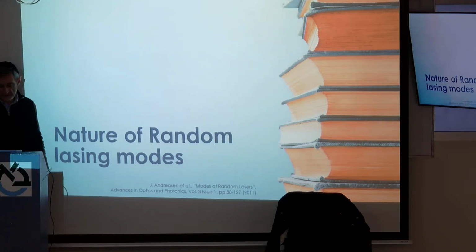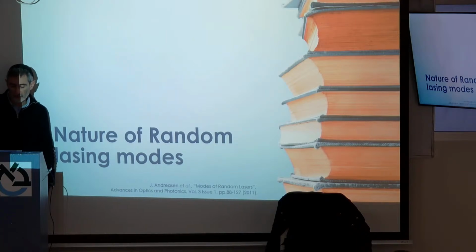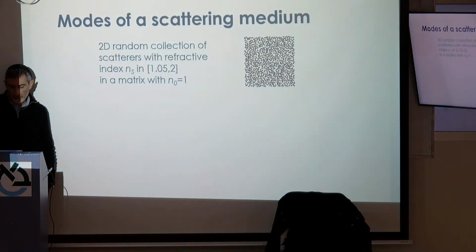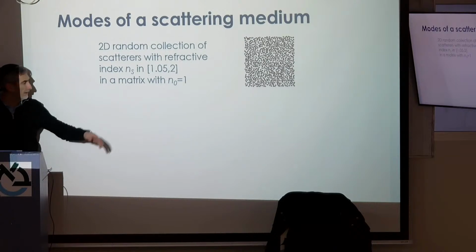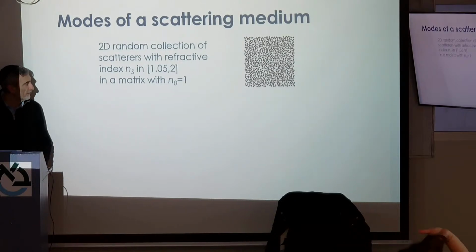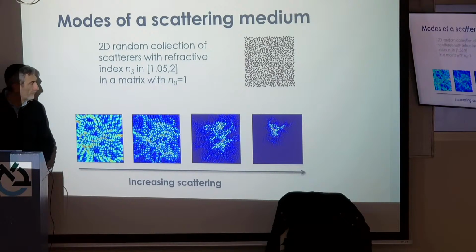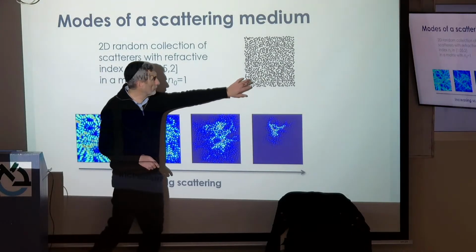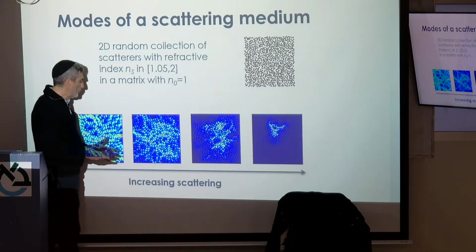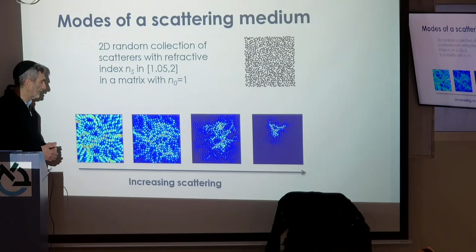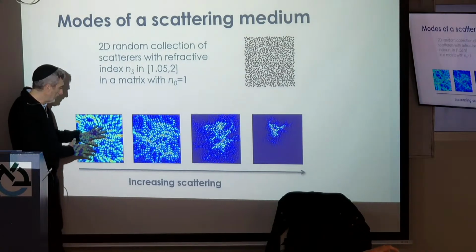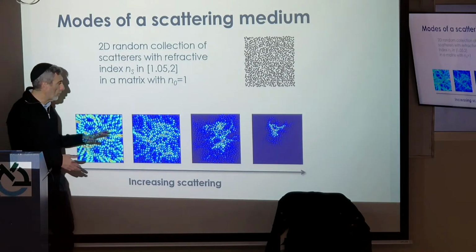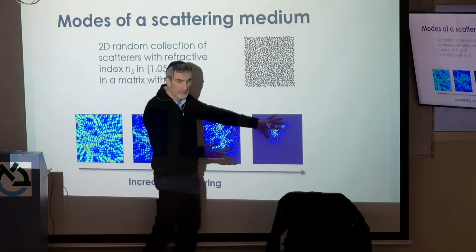Let me just say a word about where the mode is coming from. When you have a scattering medium, if you remember I showed you some simulation of this system, by playing on the scattering strength of the medium, you can excite modes of the system, and the modes can be either extended or confined in this localization.